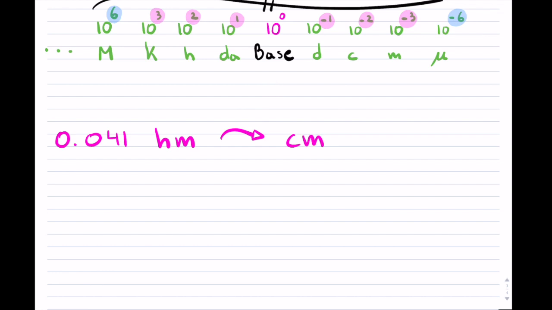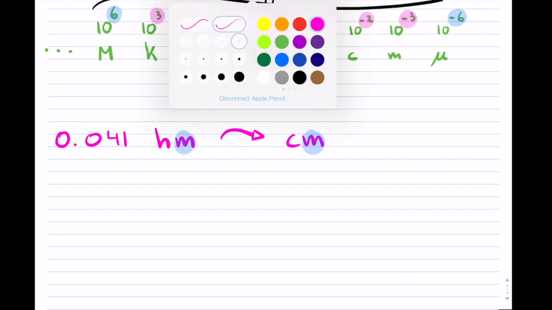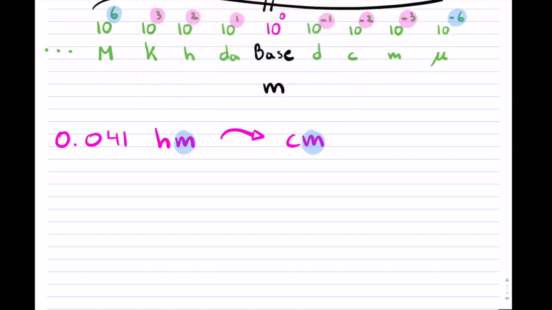Our base, as you can see, is now M, which stands for meters. So that's our new base, M. And now we have to go from H, which is hecto right here, and we want to jump all the way down to centi, and centi is right here. So how do we do that?